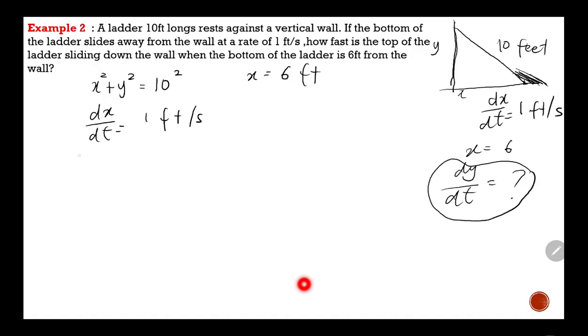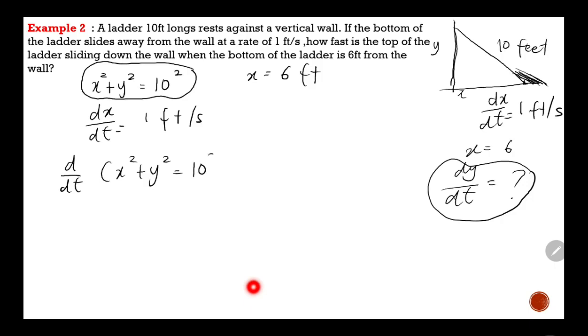What we can do is differentiate both sides of this equation with respect to t. So d dt of x squared plus y squared equals 10 squared. Looking at this, how can we solve it? We have to use implicit differentiation.